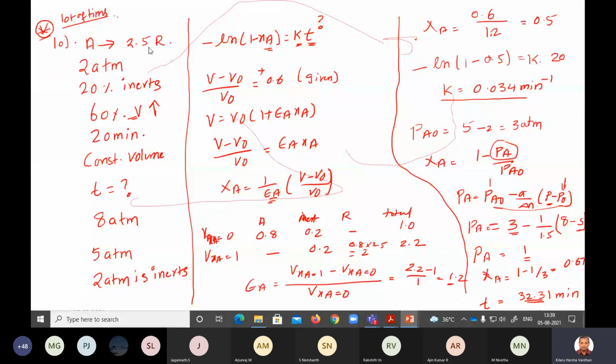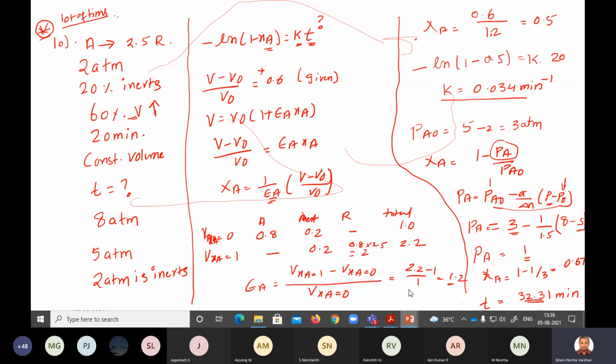So A is 2.5 times R. Once you know the problem, you have to write the given data. Given data is A goes to 2.5 R, happening at 2 atmospheres, 20% is inerts, and volume increased by 60%. That is what he gave.